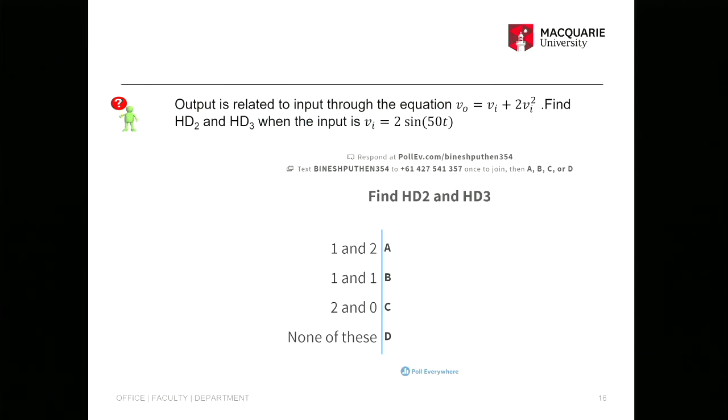We have an output equation, V naught is equal to Vi plus 2Vi square, and your Vi is 2 sine 50t, which is a sine wave with a frequency of 50 divided by 2 pi hertz. You need to find the second order and third order distortion, SD2 and SD3.